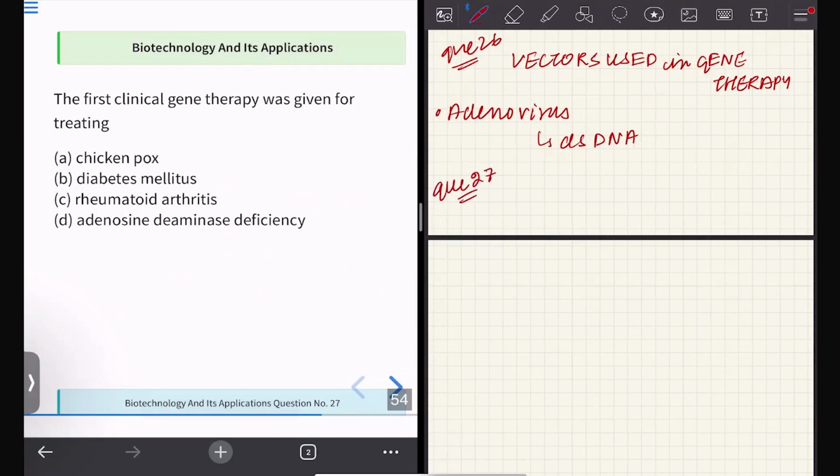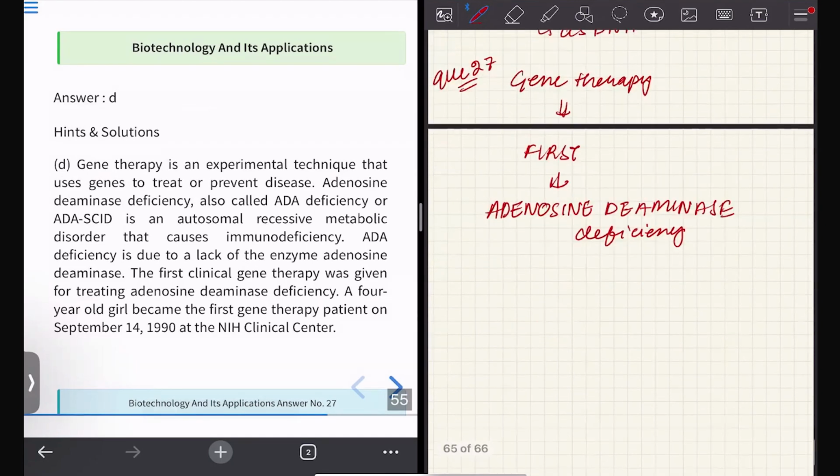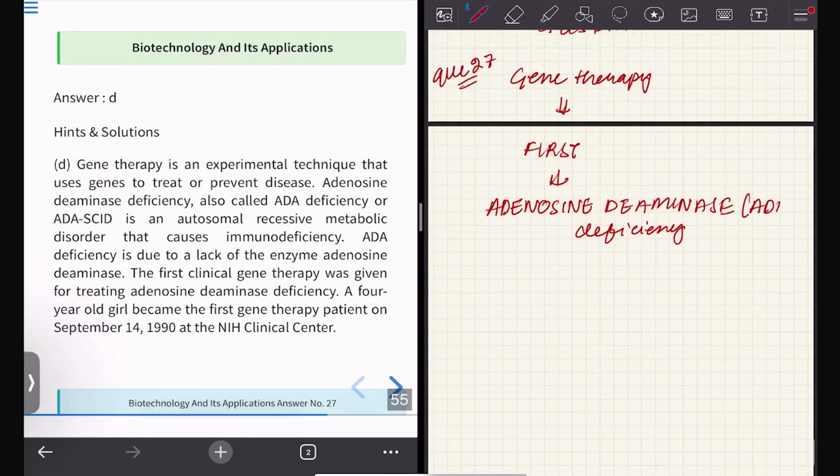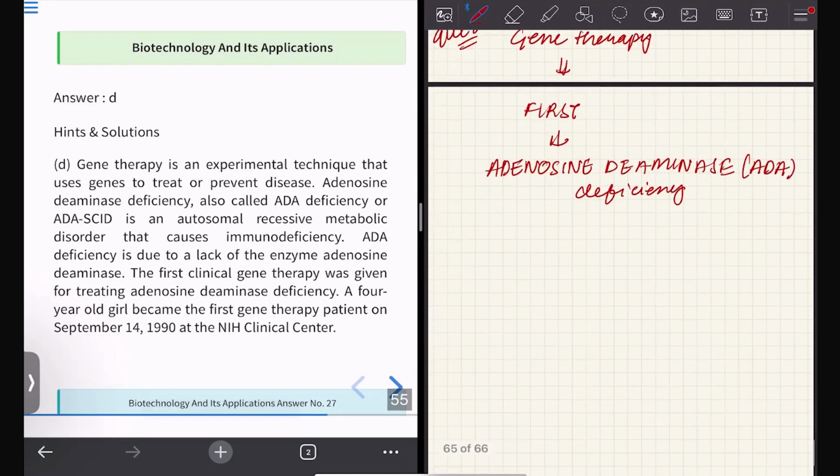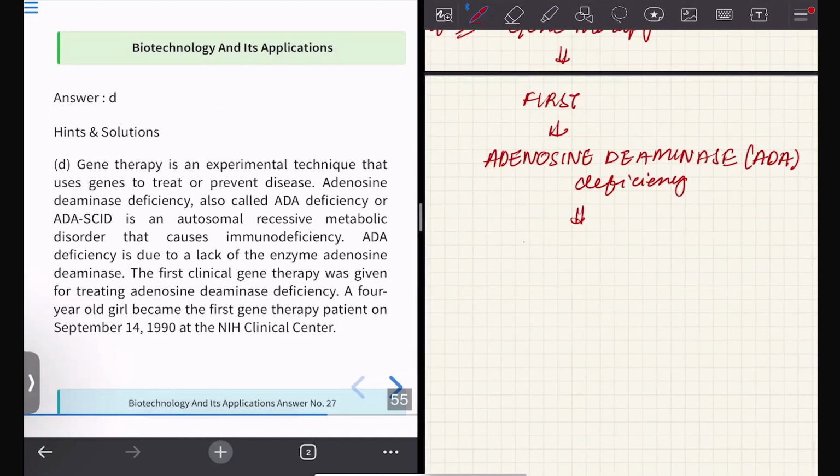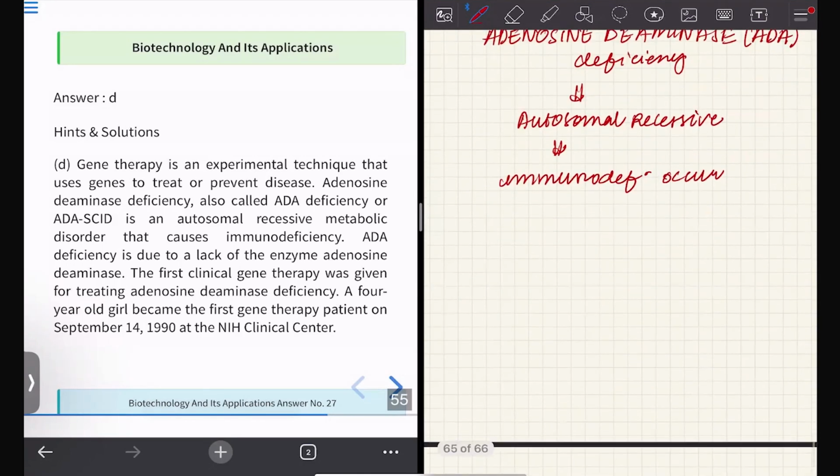So we have first clinical gene therapy. Question number 27. Gene therapy was first given for adenosine deaminase deficiency. What is adenosine deaminase? It can also be written as ADA. So ADA deficiency is an autosomal recessive disorder that causes immunodeficiency. So first clinical therapy, it was given in what?